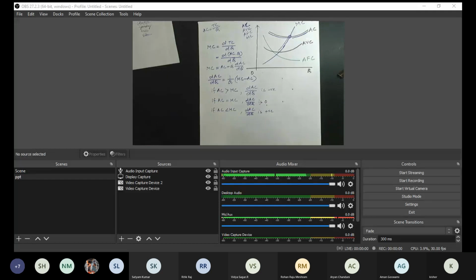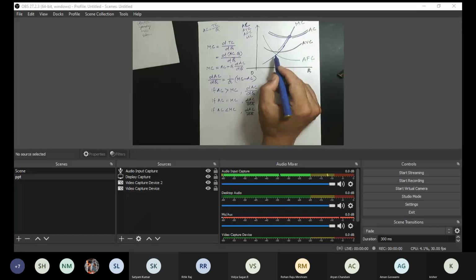And how can you summarize it? In this diagram, the MC curve, the marginal cost curve, cuts your average cost curve from below at its minimum point. This shows the relationship between MC and AC. That is happening to ABC also. The MC curve is cutting your ABC curve at its minimum point from below.